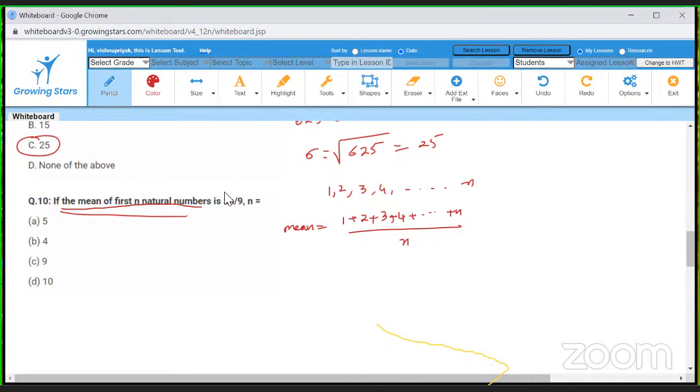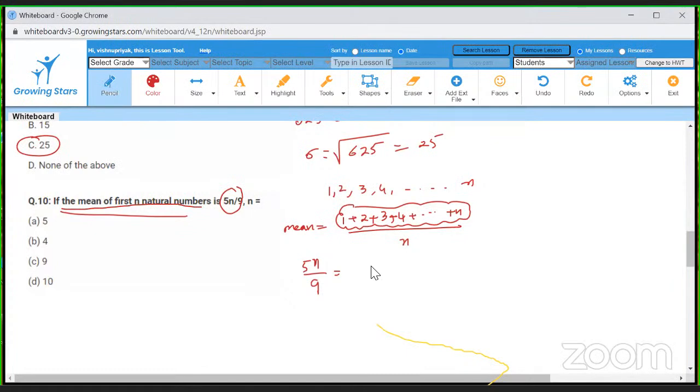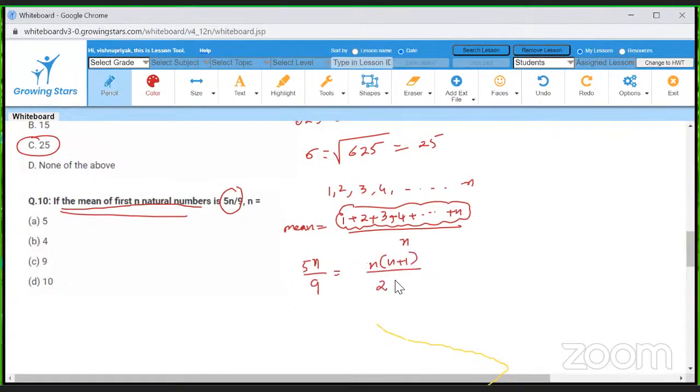But they already gave you the mean, 5n by 9. And you know the formula for 1 plus 2 plus 3 plus 4 up to n: n into n plus 1 by 2. And already this n is down.